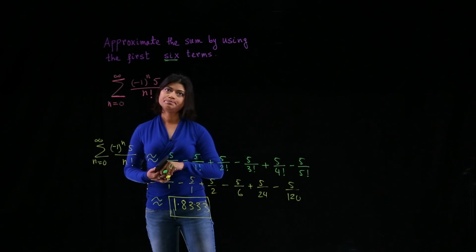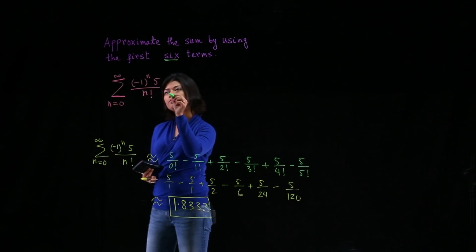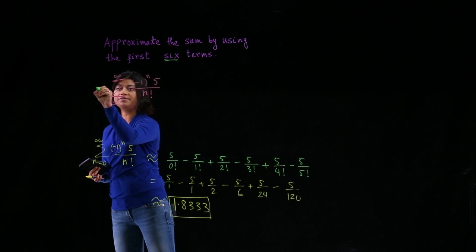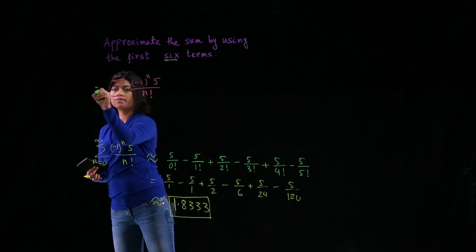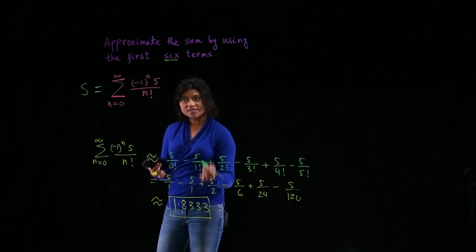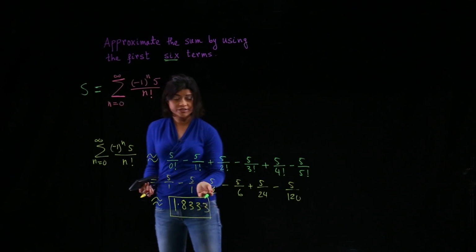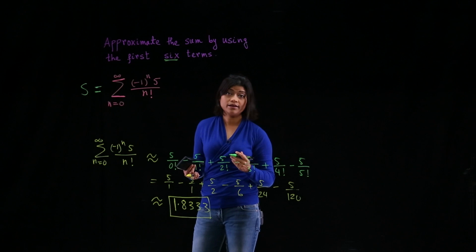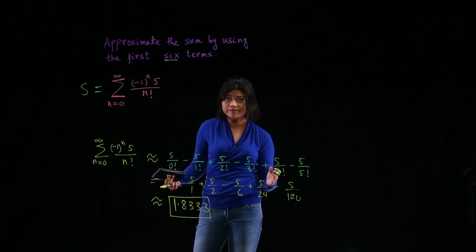So in order to do that, let's call the exact sum of the series S. Okay, and the approximate sum that we just got, that is Sn, depending on how many terms we have added.